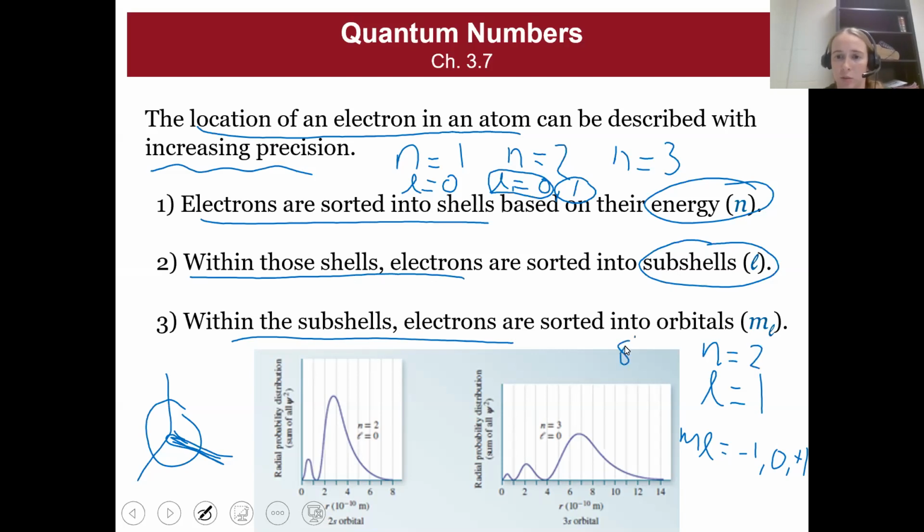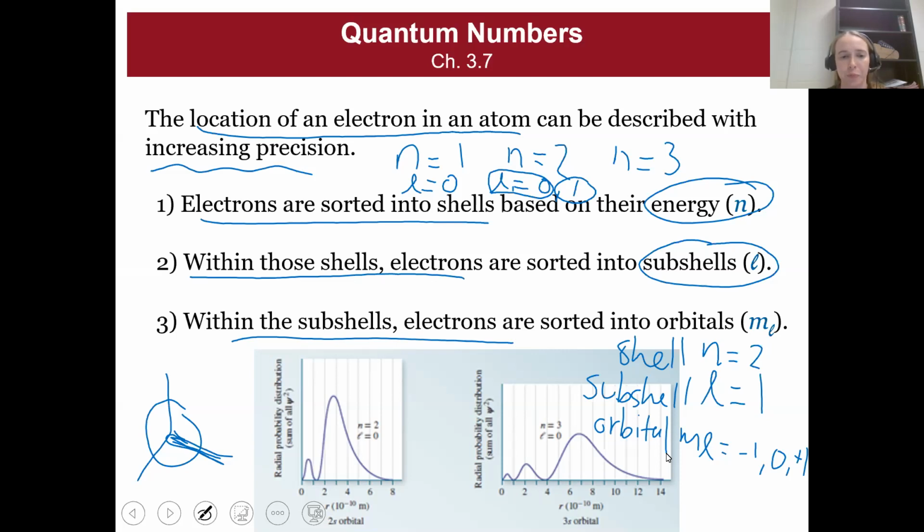This is a shell, the n equals 2. The subshell is L equals 1. And the orbital itself is m sub L equal to -1, or m sub L equal to 0, or m sub L equal to +1. Each of those is a different orbital, okay?